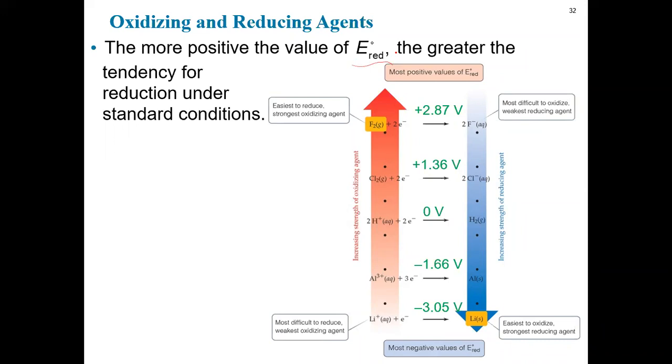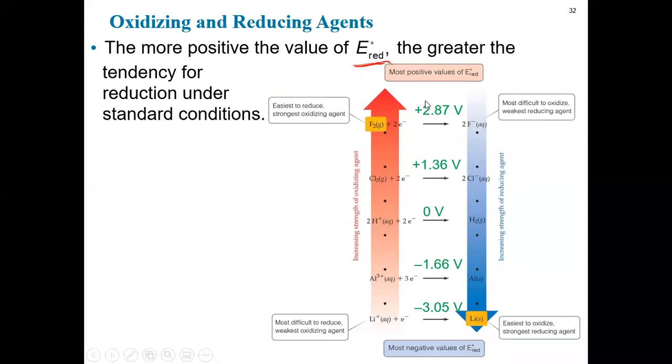What that means is the more positive value of this E naught reduction, the greater the tendency for the reduction under standard condition. This part here is part of the table, and we have the numbers. Again, all those equations written here are reduction reactions. And we can see those more positive numbers on the top.